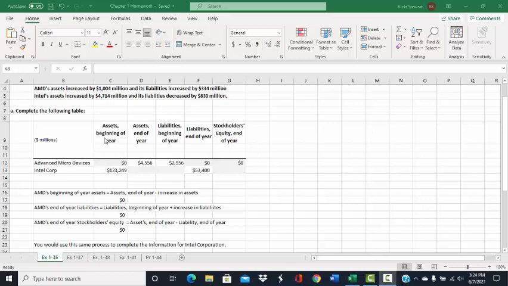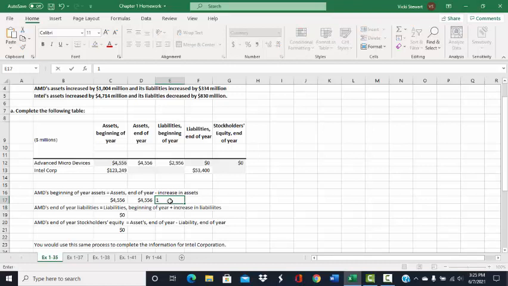So the first thing we're going to do is figure out what the assets are at the beginning of the year. We have the assets at the end of the year, 4,556, and we know that the assets increased by 1,004 million. Then we know that the assets at the beginning of the year had to be equal to the end of the year minus that increase.